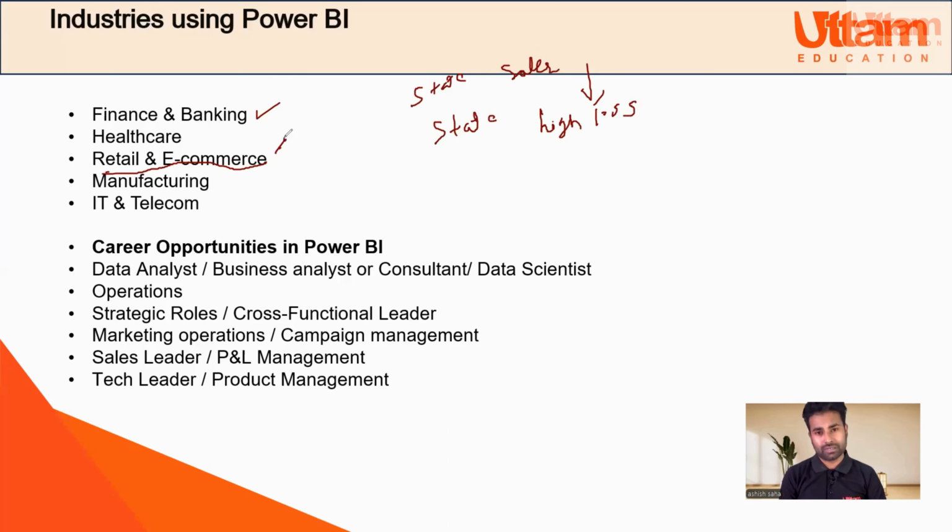There are many examples, but I explained one simple example here. If I talk about manufacturing, these industries use Power BI to analyze the performance of machines. Like, are machines creating the product on time or not, and which machines are not working at that time. That type of analysis can be done by manufacturing industries.